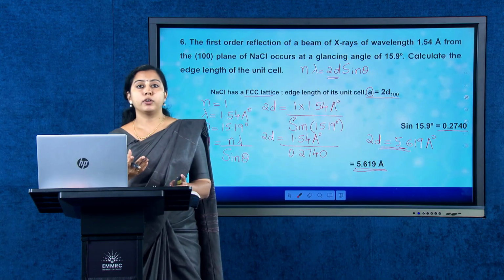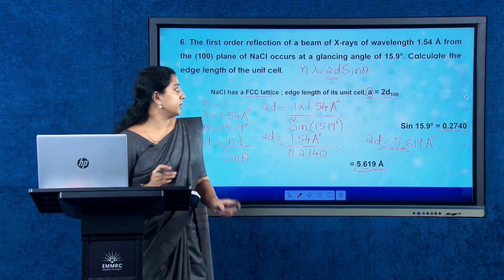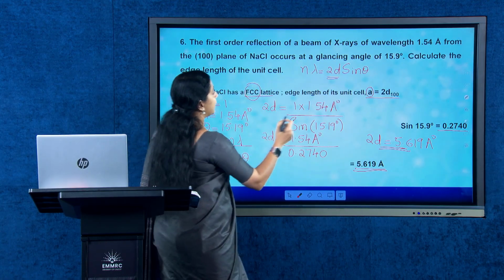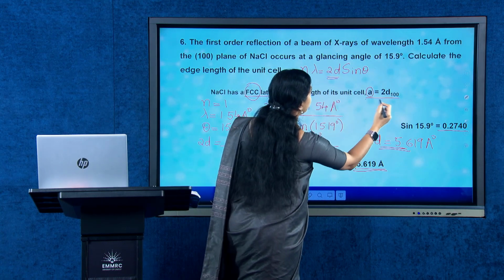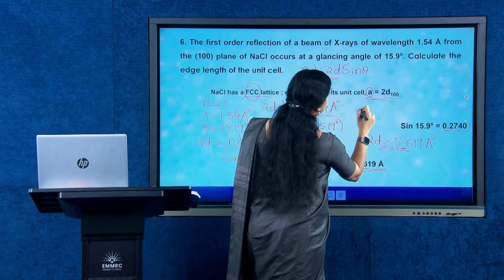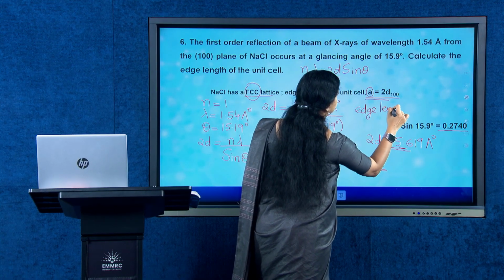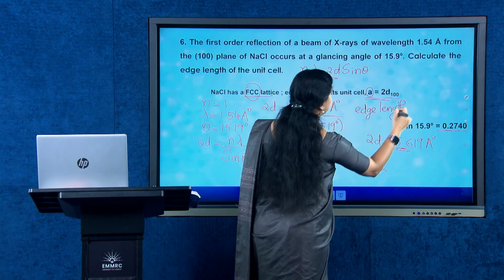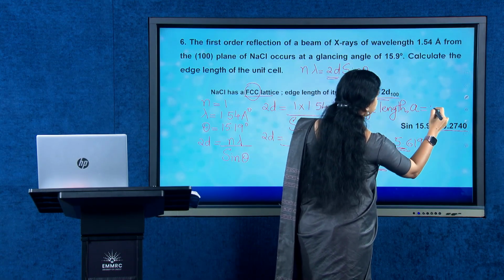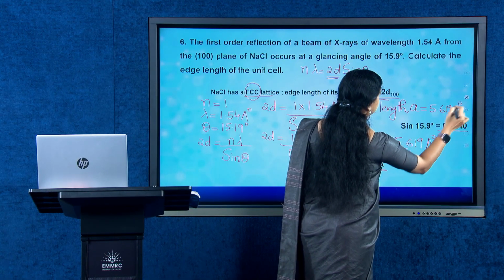And what you have to find out? You have to find out the edge length of the unit cell. So, as we mentioned earlier, for an FCC lattice, the edge length A is equal to 2d. Therefore, the edge length A will be equal to 2d, that is 5.619 angstrom.